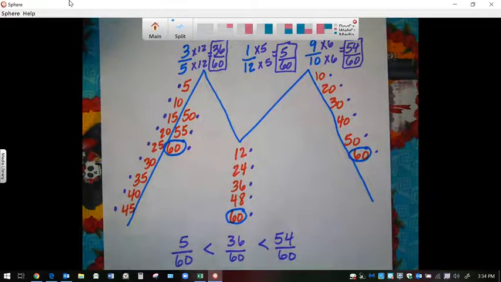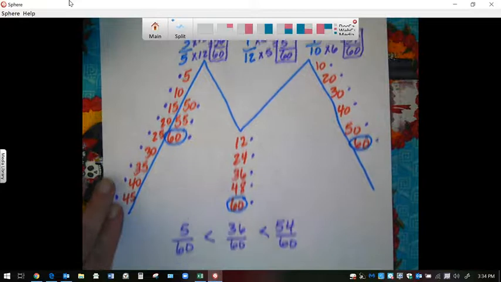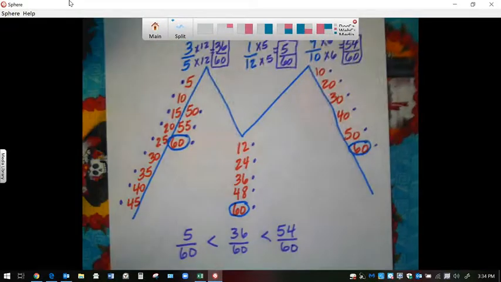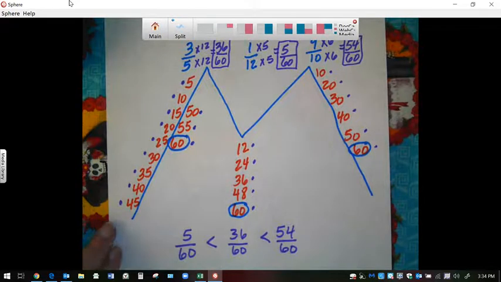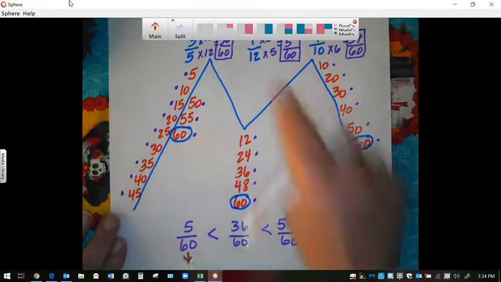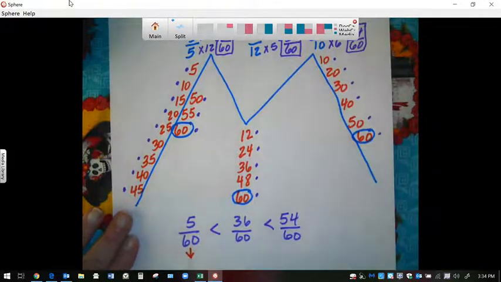Now that we have them in order, we're going to have to write the original problem that represents the multiples we created. So 5/60 is the fraction 1/12, and we're going to keep the symbols the same.